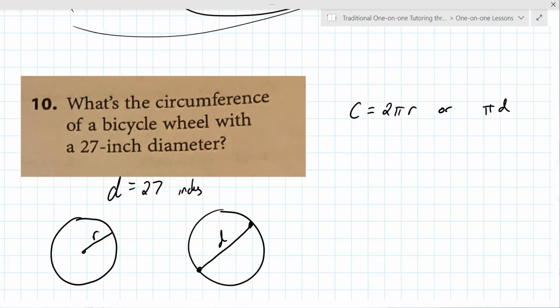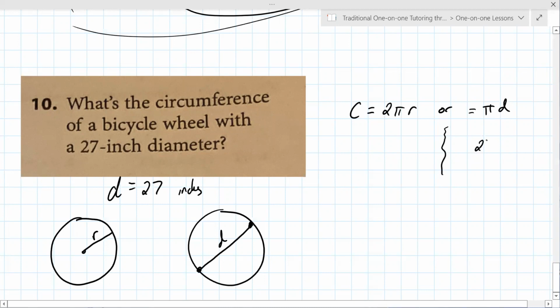So it would have to be 2 times pi times r. There are two ways to do this. You either use the formula on the right, pi times diameter, 27 pi, or you find the radius.